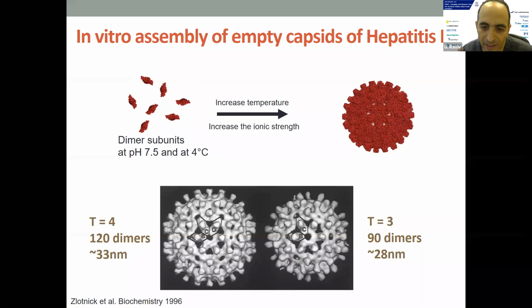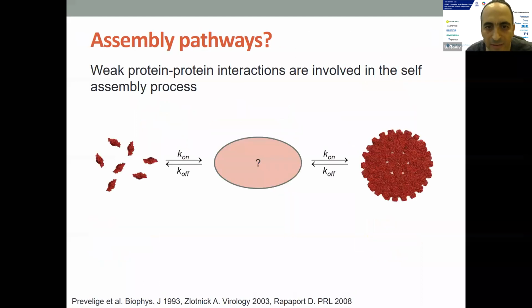This generates a huge complexity, and there could be many more possible ways to assemble the capsid. So apparently this is an ill-defined problem, but it turns out that we could address it.